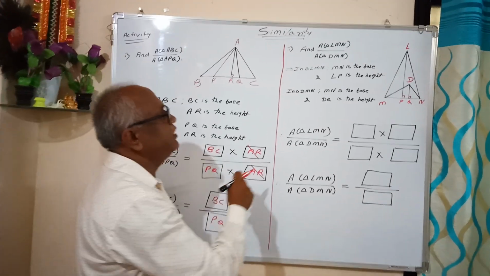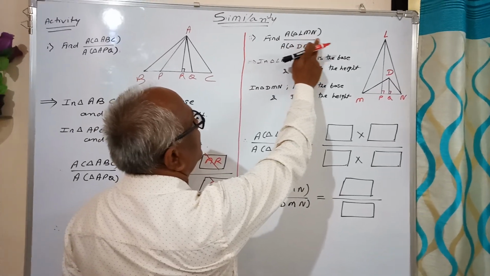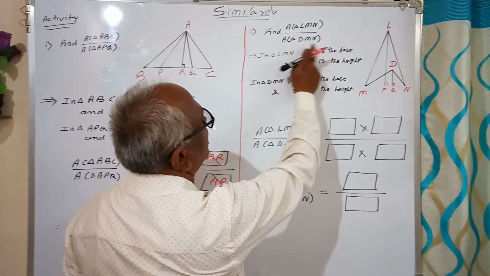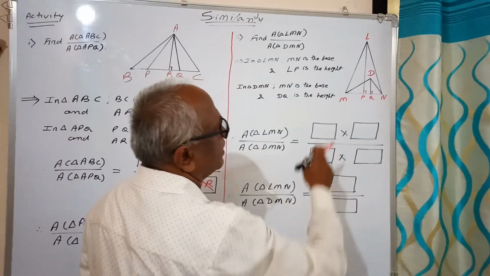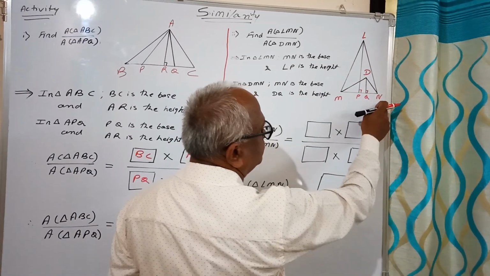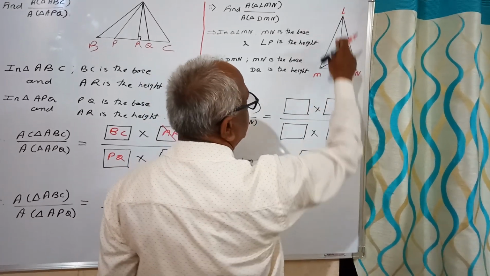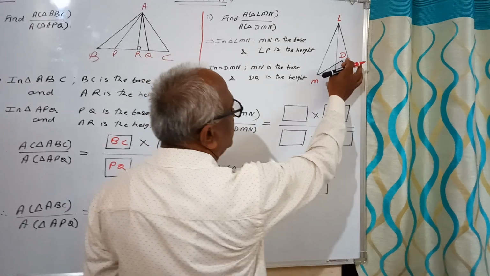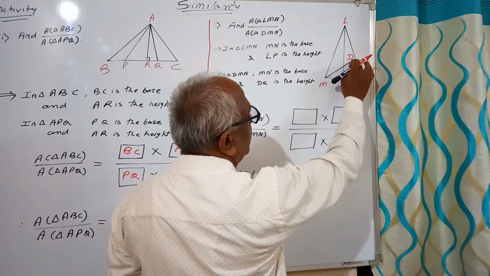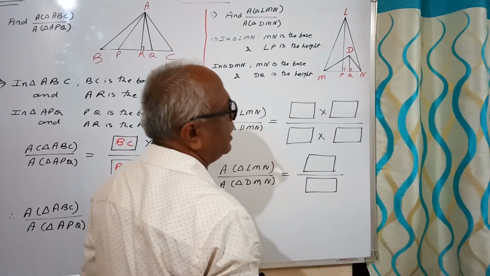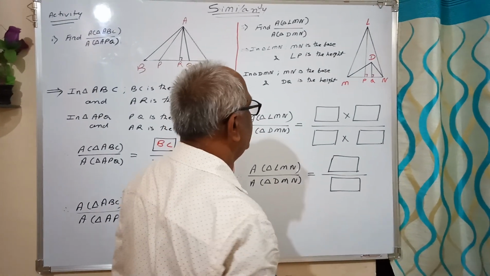Now second activity: find the area of triangle LMN upon area of triangle DMN. Here the figure is given. In triangle LMN, MN is the base and height is LP. In triangle DMN, MN is the base and DQ is the height. That means the base is the same for both triangles.